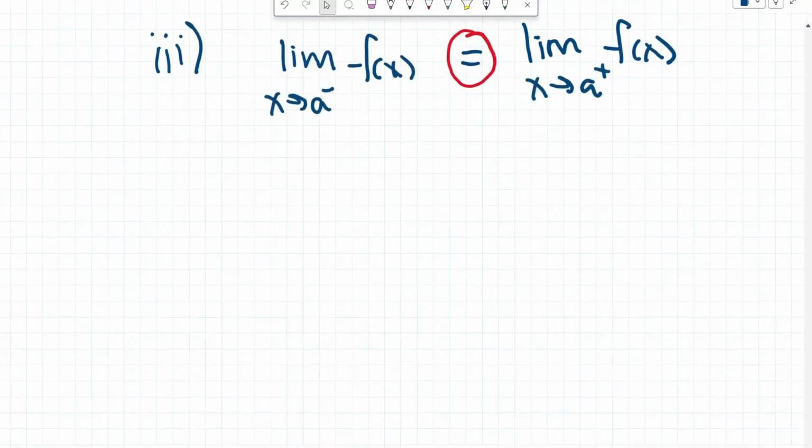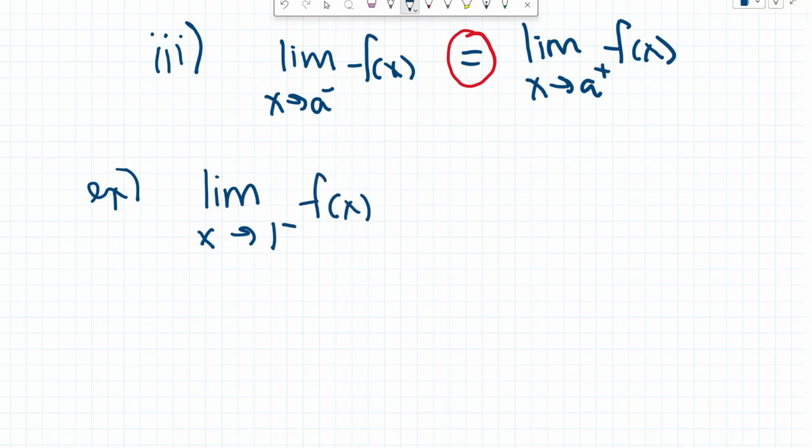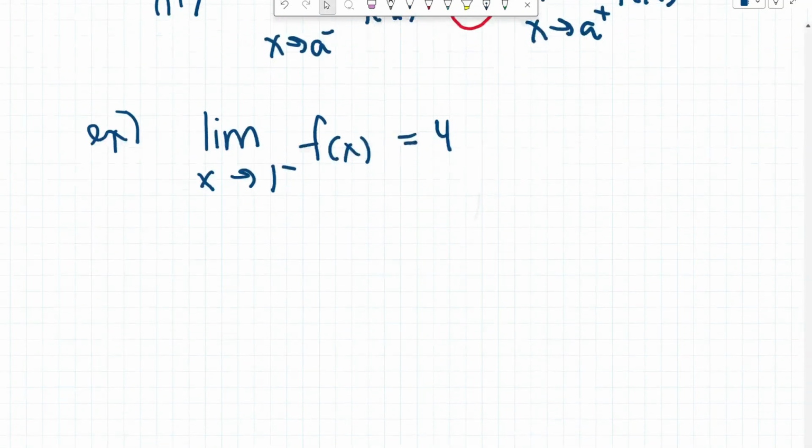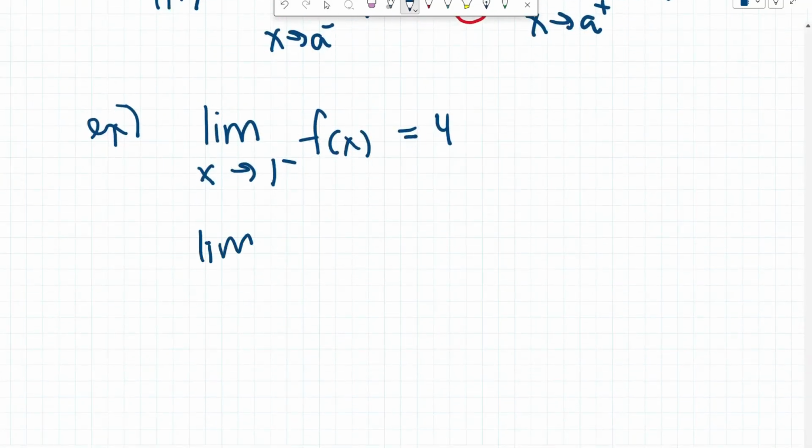Let's do another example. What happens if we were given that the limit as x approaches 1 from the left-hand side equals 4, but then the limit as x approaches 1 from the right-hand side equals -4?